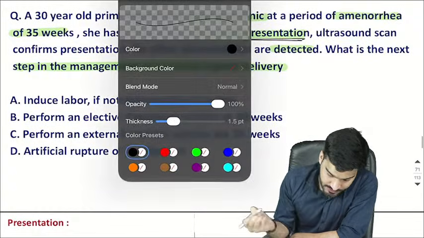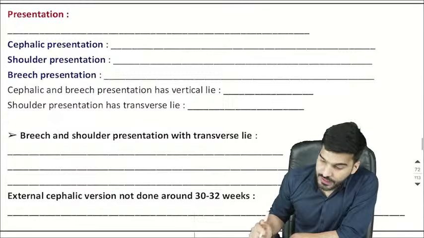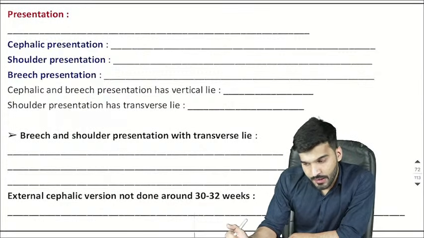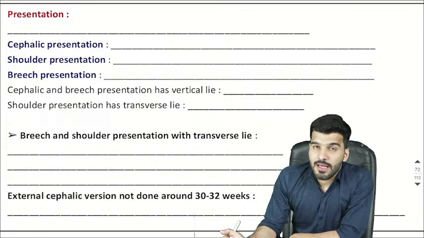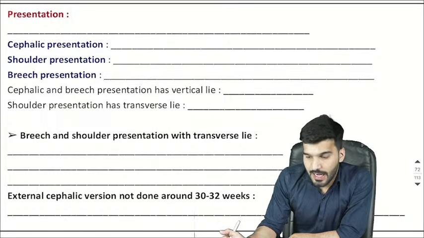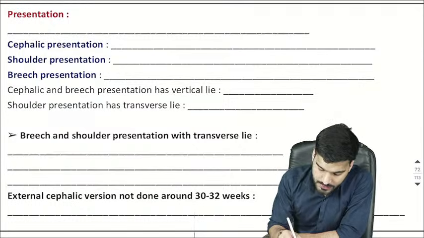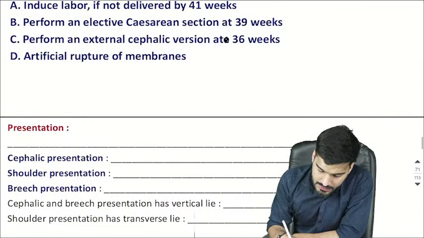Let's understand first. Very good. Some of you are right. You have answered option C. Yes, we have to perform an external cephalic version at 36 weeks. How many weeks? At 36 weeks.